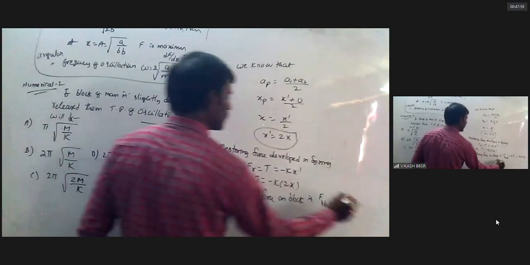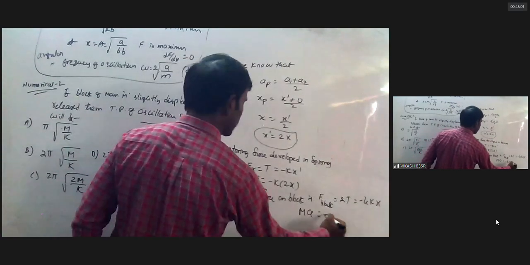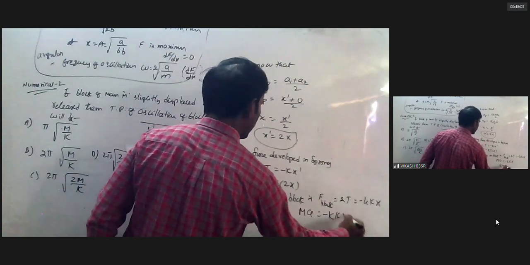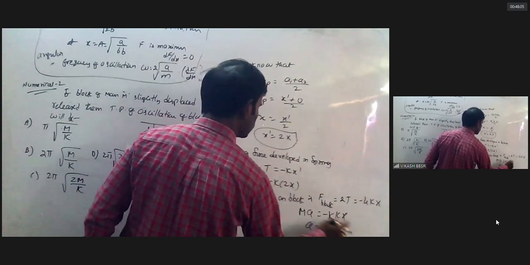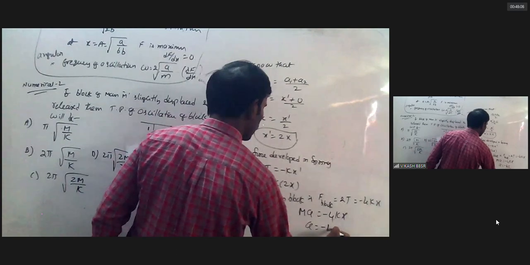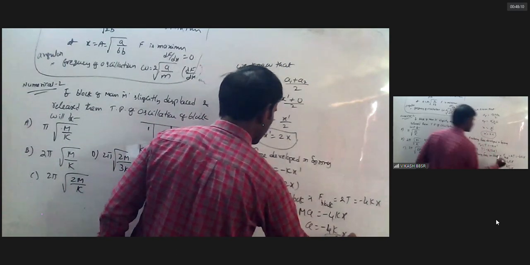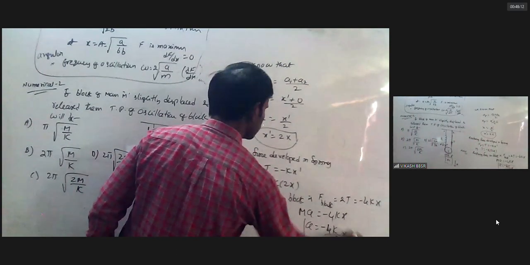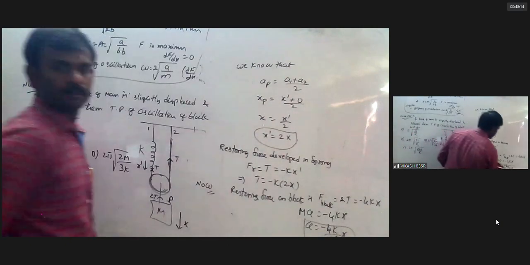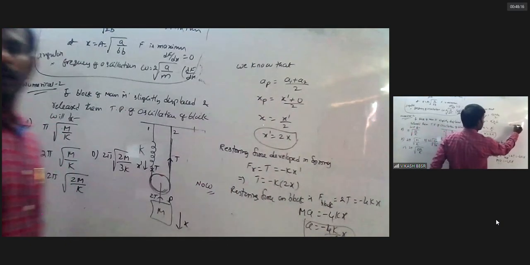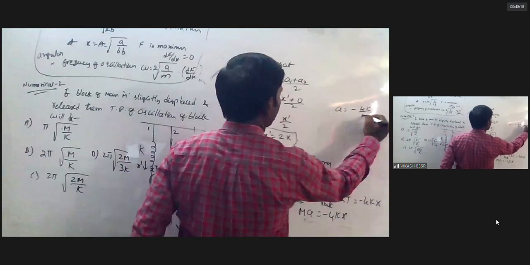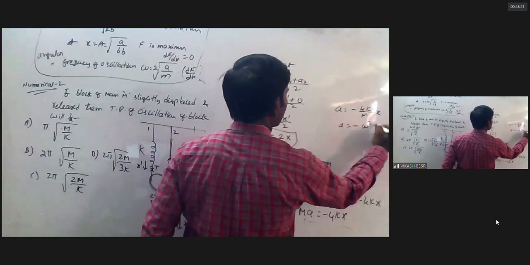So MA equals minus 4Kx, and A equals minus 4K by M into x. A equals minus omega square x.